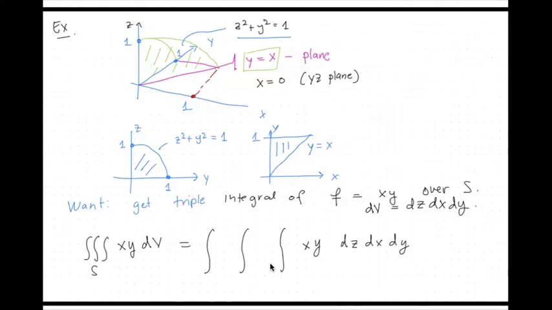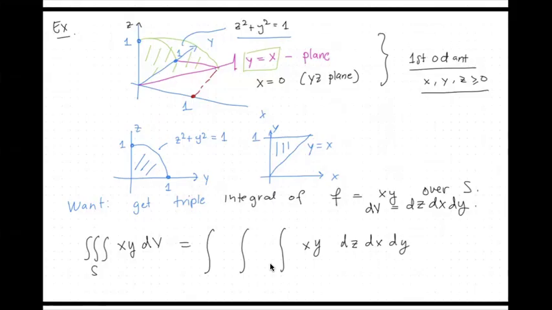Now, for z, it's bounded above, and then in first octant only. For the first octant, it's just in the first quadrant in the XY plane and positive Z. So X, Y, and Z all positive. This is what's meant by first octant.